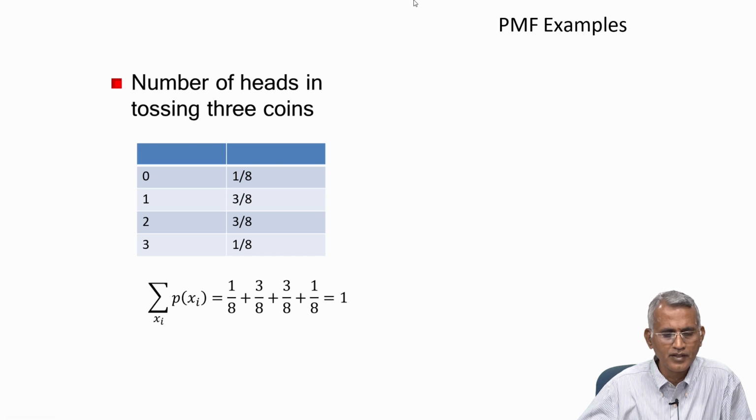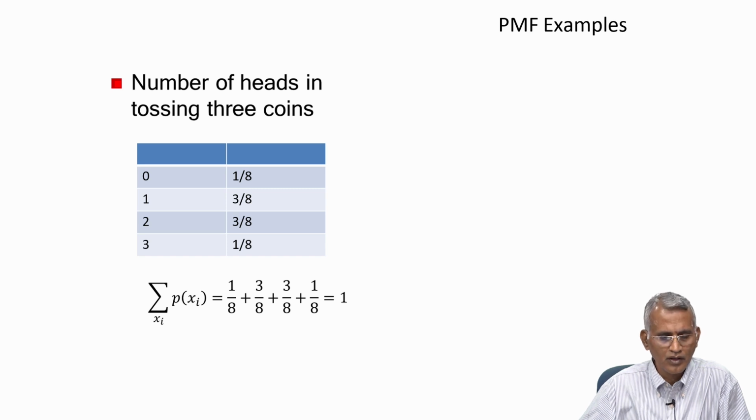Next, the number of heads in tossing 3 coins. Suppose you take 3 coins and toss them. The total number of outcomes is 8, therefore the probability of getting 0 heads, that is nothing available, is 1 by 8. Then 1 head has 3 possibilities, so 3 by 8, 2 heads is 3 by 8, and 3 heads is 1 by 8.